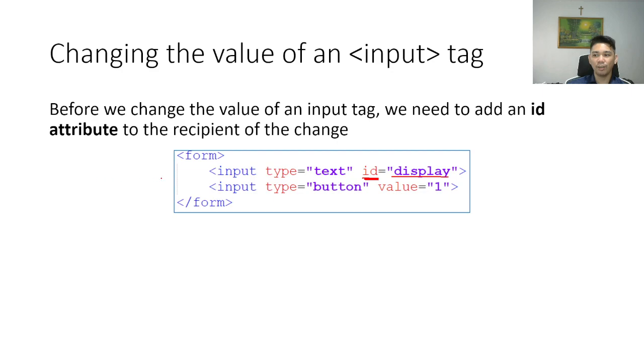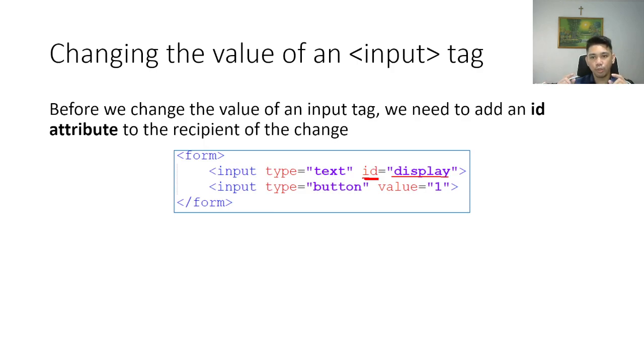The ID of the input, the text box, is display. Remember that motivation we did for CSS, so that CSS will be able to select particular instances of a tag. We add an ID. So the same is true here.